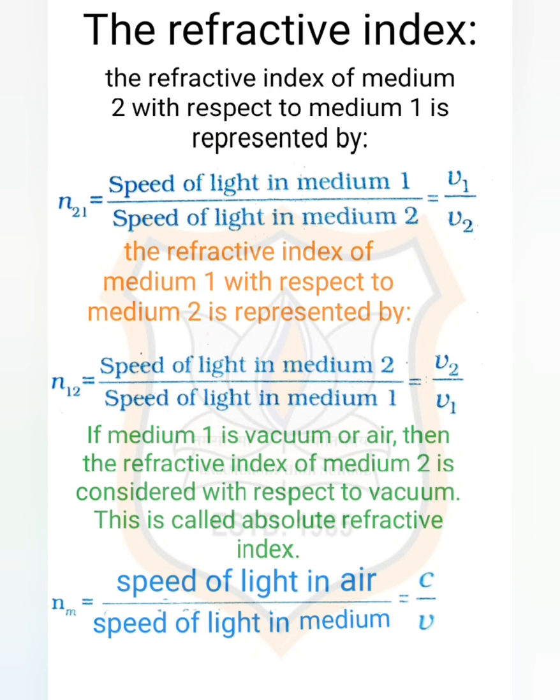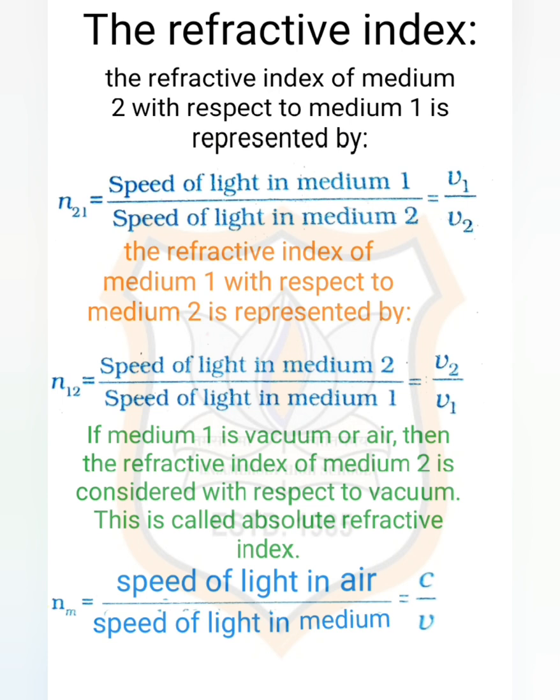So we can write n21 is equal to V1 upon V2. By the same argument, the refractive index of medium 1 with respect to medium 2 is represented by n12 and can be written as n12 is equal to speed of light in medium 2 upon speed of light in medium 1, or V2 upon V1.